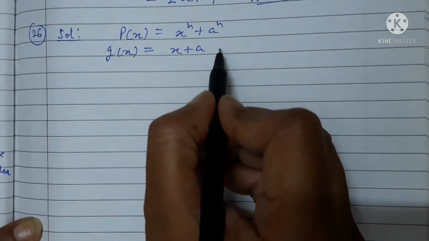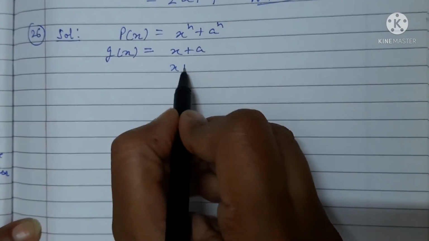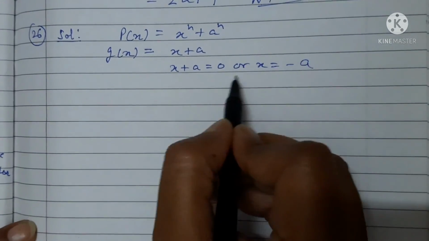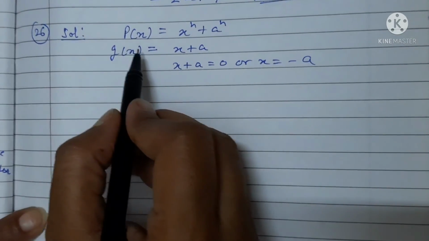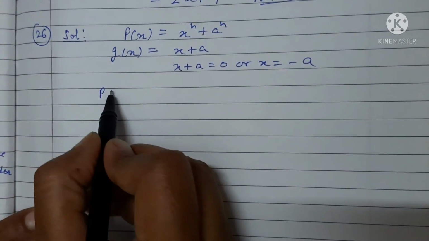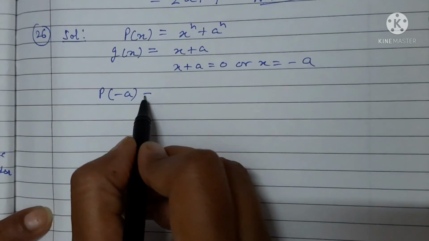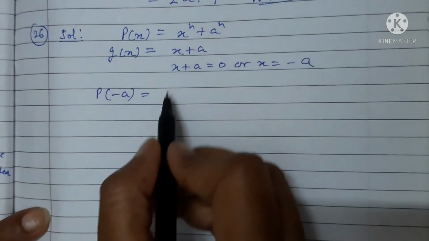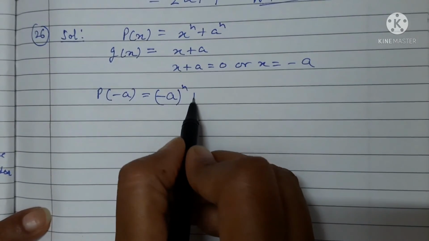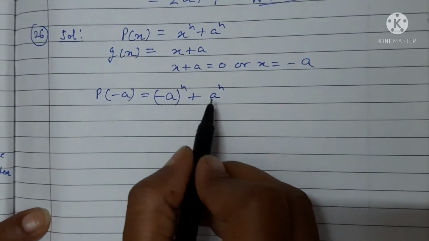So you have to substitute x plus a is equal to 0, or x is equal to minus a. Substitute this value in this polynomial. So p of minus a is equal to minus a to the power of n plus a to the power of n.